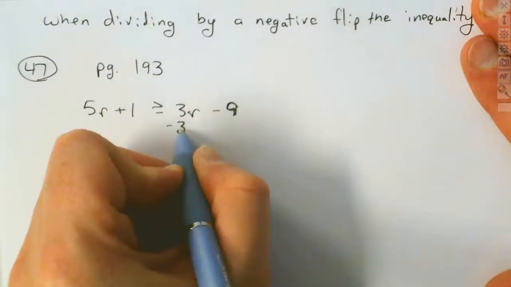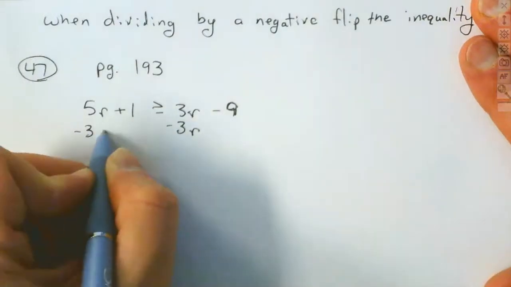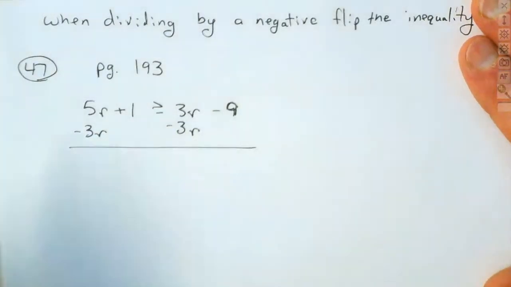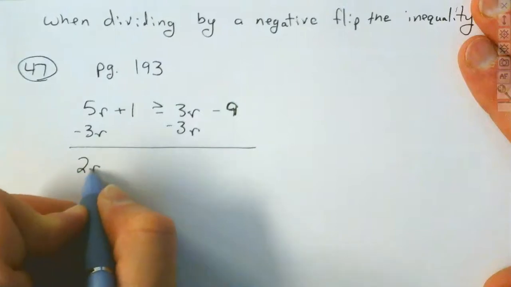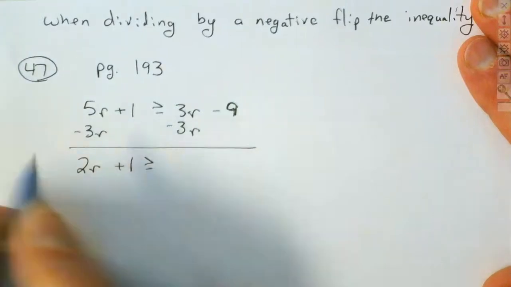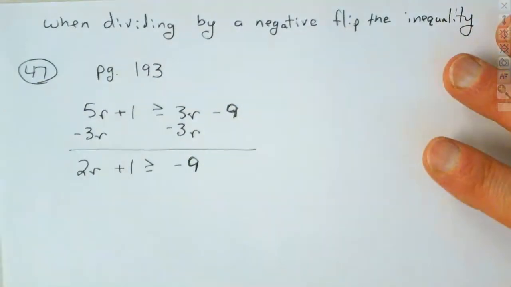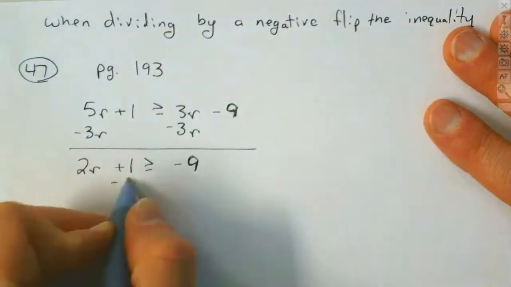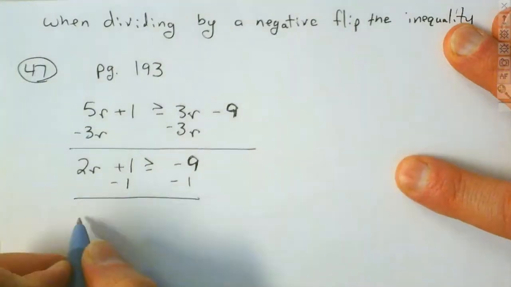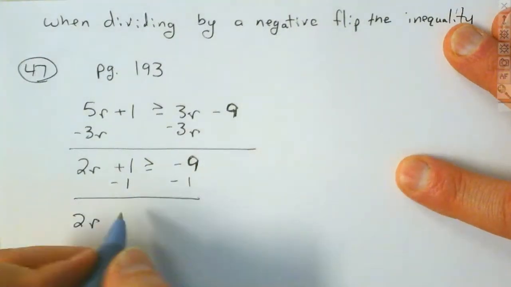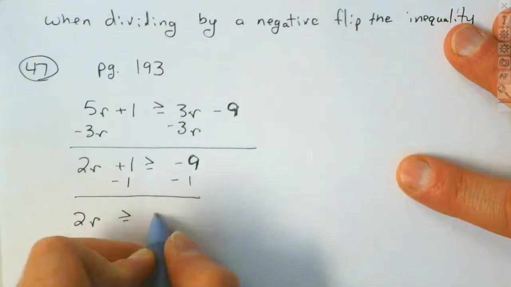So we move that 3r over, just like we always would, and that makes it then a 2r plus 1. And the right-hand side now is a -9. We'll move the 1 over, nothing new. 2r is greater than or equal to a -10.